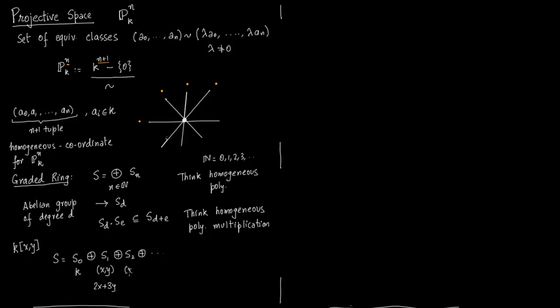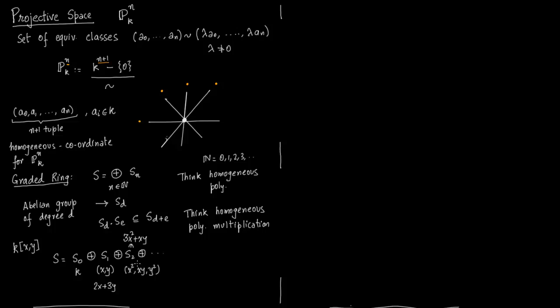S2, so it is generated by elements of the form x squared, xy, y squared. Yeah, all of these have degree 2. So again, elements of S2 should look like 3x squared plus xy. Now S3 will be generated by x cubed, y cubed, x squared y, and xy squared, and so on.